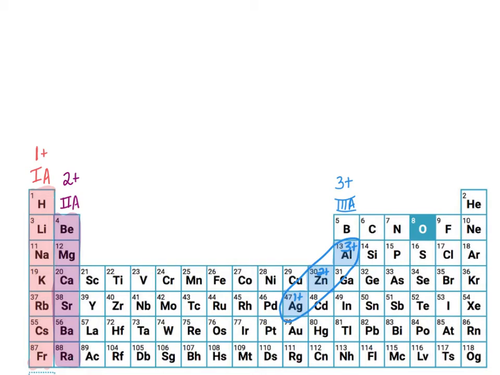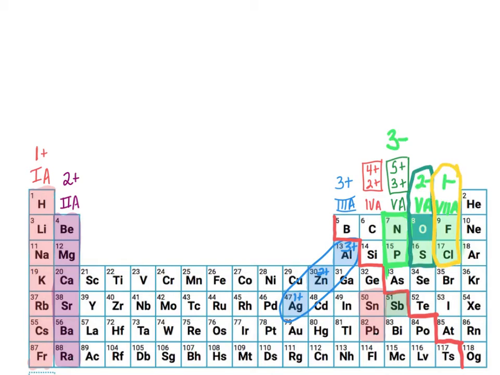Column 4 has the choice of +4 or +2, so 4 and 2. Column 5 will be 5 and 3 positives. If we look above, if it's a nonmetal, we know it's going to be -3, then -2 for the next one, and -1 at the end. And of course the noble gases get 0.